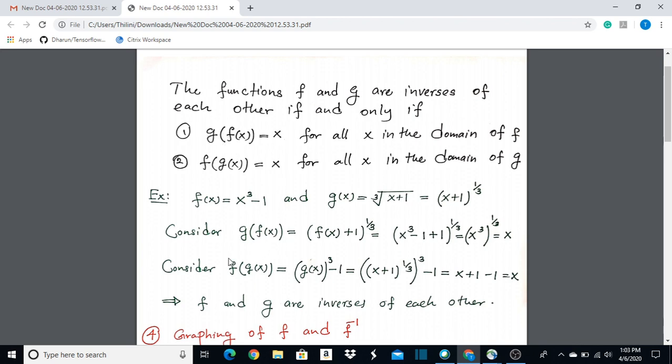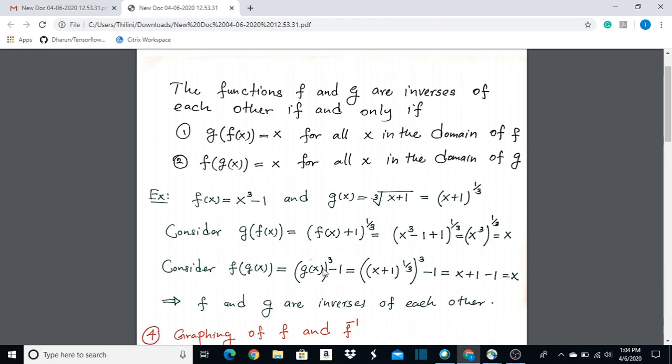You can do the same thing the other way around. Here I'm plugging the g function into f. What is f doing? f takes the third power of the input and subtracts 1. So here it is the third power of g, because g is the one we are plugging in, and subtract 1.